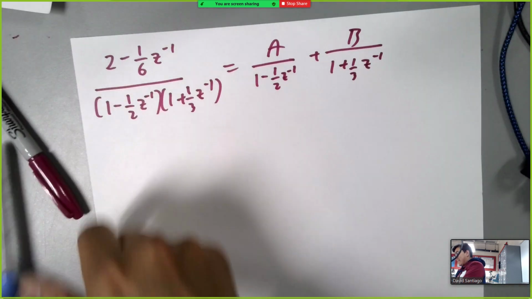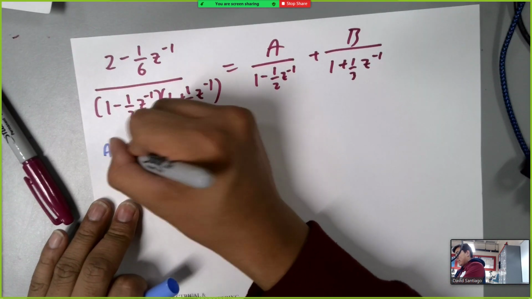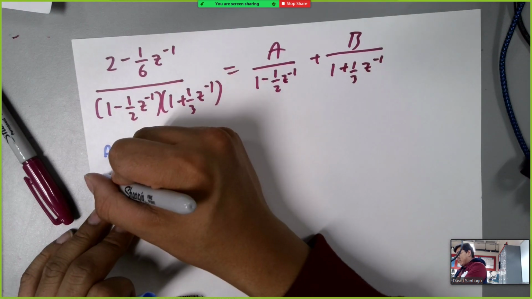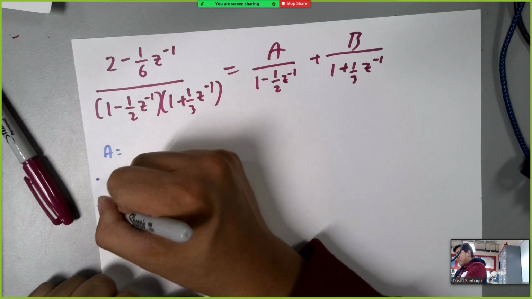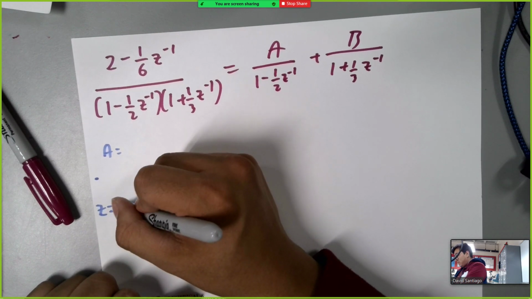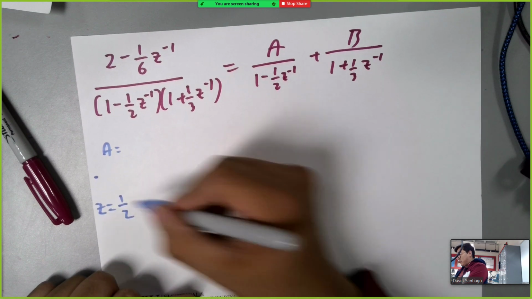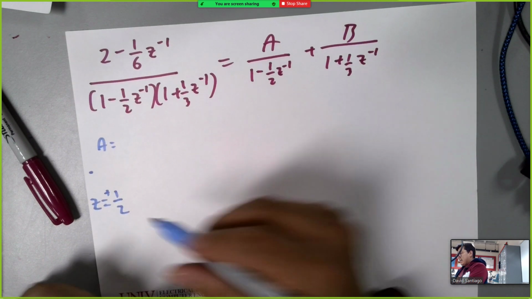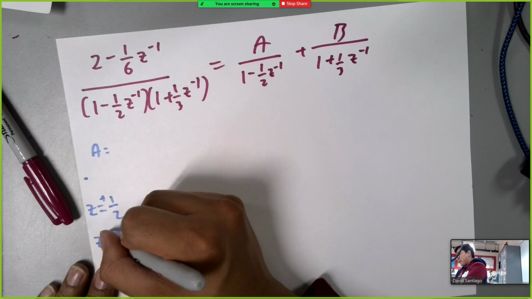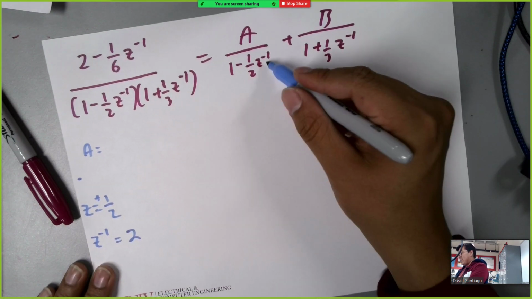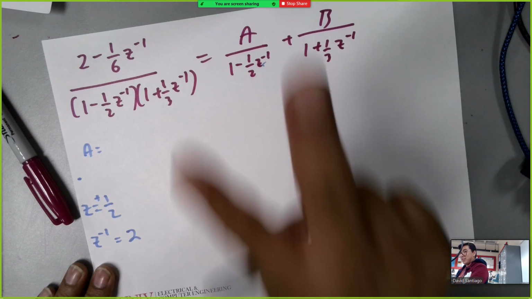To get the A coefficient, our pole is located at z equal to positive 1 over 2, okay? Don't forget that. And then our z to the minus 1 is equal to 2, so we're going to replace all the z to the minus 1s with a 2.